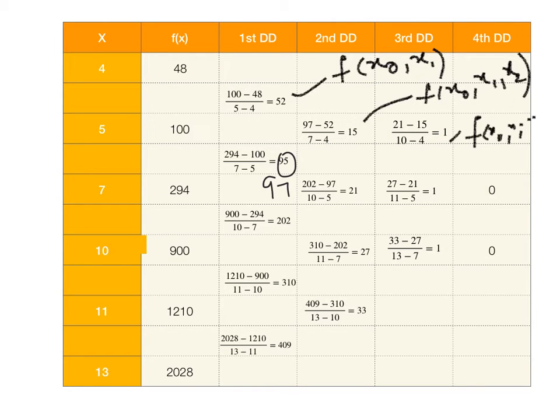So this is the first entry in the first divided difference, first entry in the second divided difference, first entry in the third divided difference, first entry in the fourth. These are the terms present in our formula. Those values we are substituting in the formula: 52, 15, 1, 0.